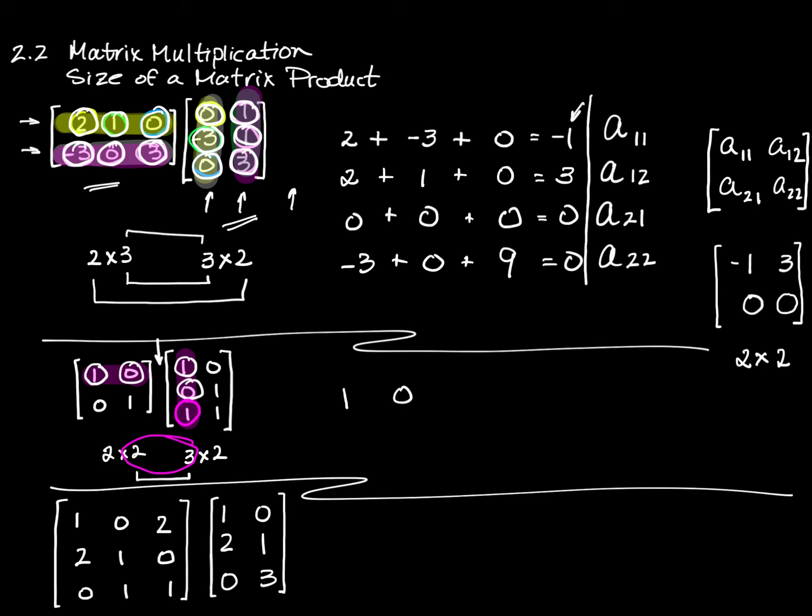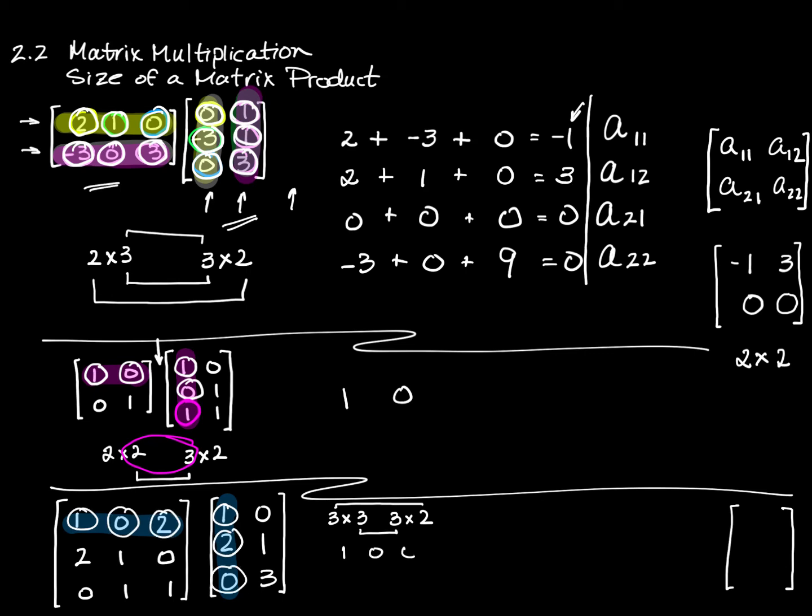Okay, in this example, I have a 3 by 3 matrix and a 3 by 2 matrix. So I can do matrix multiplication, which is important to know, and my resulting matrix will be 3 by 2. So I'm going to start with the first row, first column. I get 1 times 1, 0 times 2, 2 times 0. Add those together.